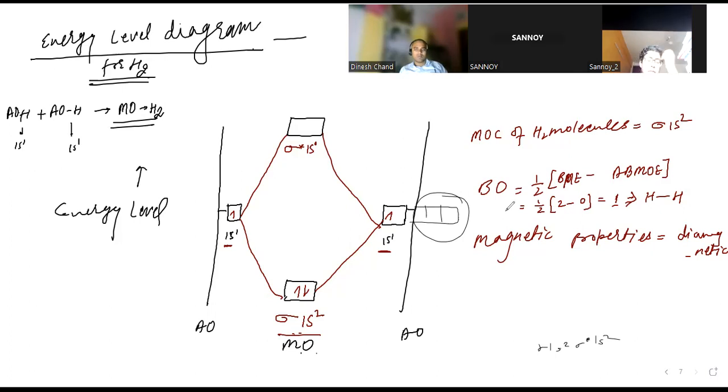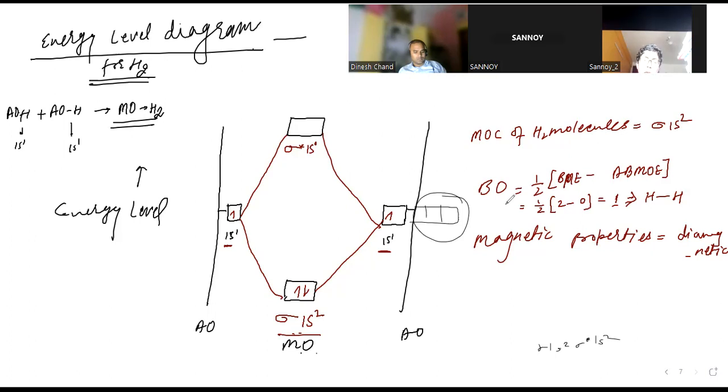Did you understand this concept? Yes, sir. Please wait one minute, I am noting this diagram. Done, sir. So what is the bond order?